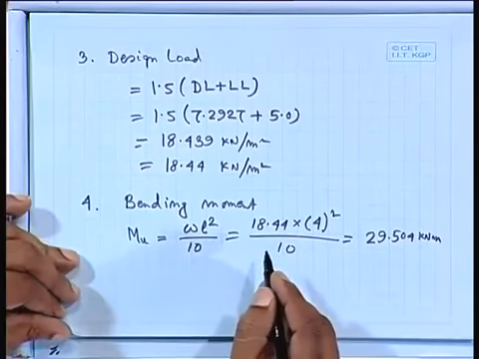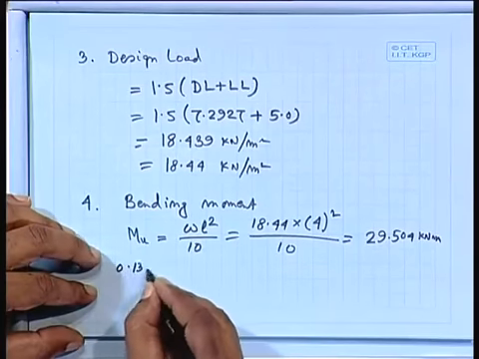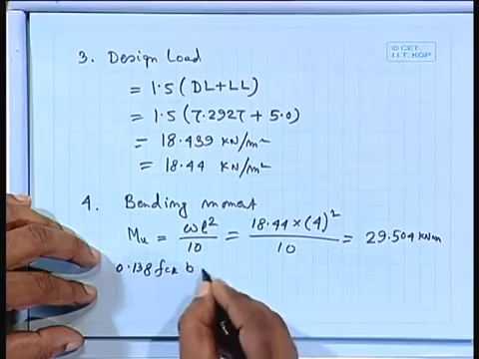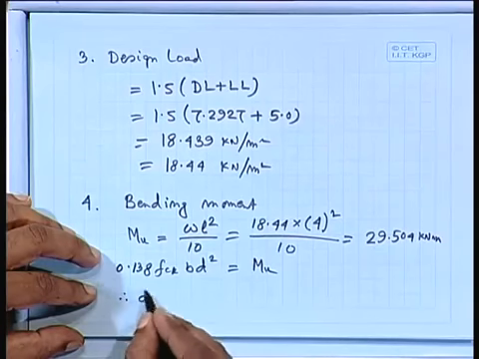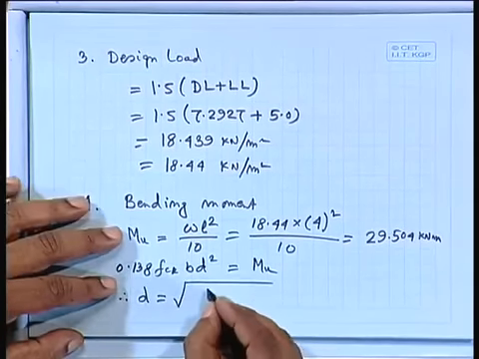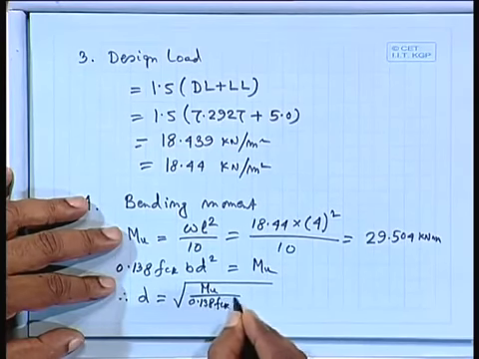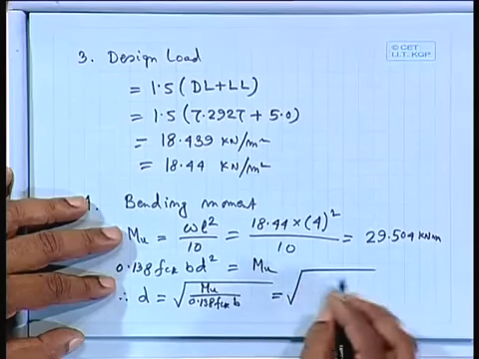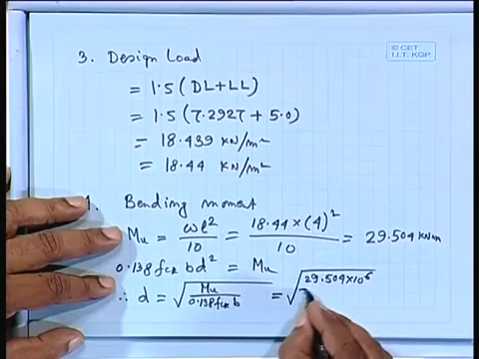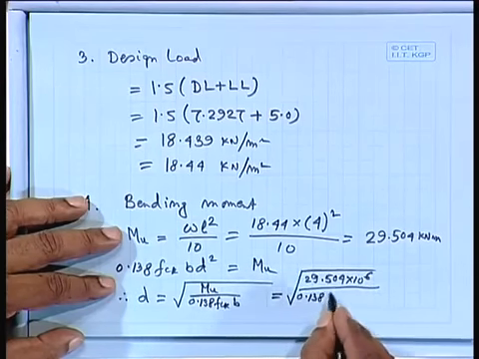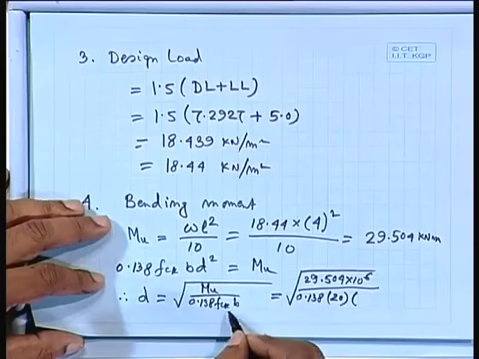Now we have to check whether the depth we have got is correct or not. So that we can find out from 0.138 fck b d square equal to Mu. So D equal to root over Mu by 0.138 fck b, equals 29.504 into 10 to the power 6 divided by 0.138 times M20 grade times what about b?